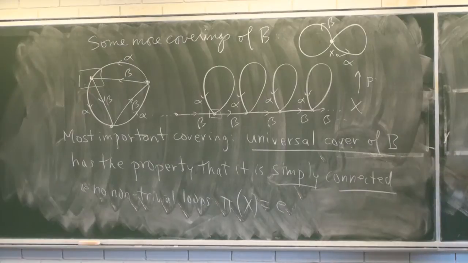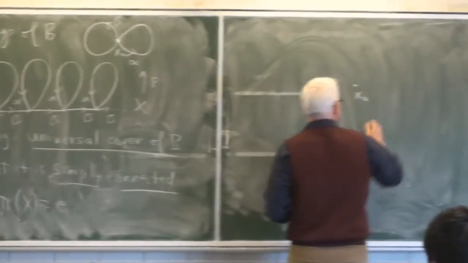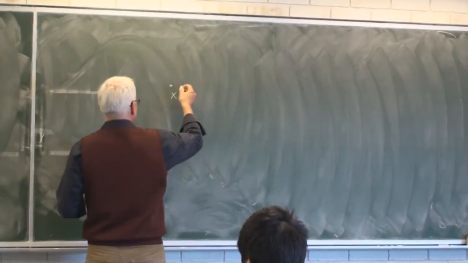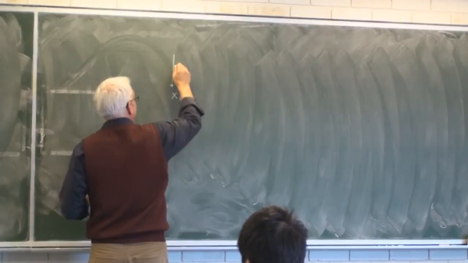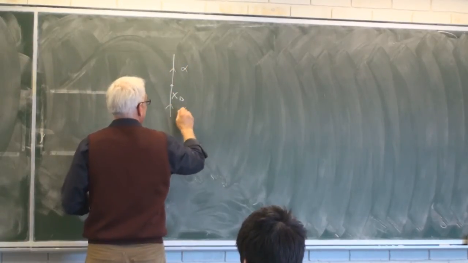So how do we construct this covering space for this space B? Well, we basically follow our noses and do almost the only thing that we can. We just start and carry on. So we know there's going to be at least one point x0, and there's got to be two alpha edges, say an alpha edge going out and an alpha edge coming in.